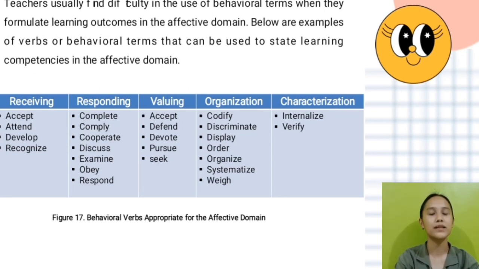Responding: complete, comply, cooperate, discuss, examine, obey, and respond. Valuing: accept, defend, devote, pursue, and seek. Organization: codify, discriminate, display, order, organize, systematize, and weigh. Characterization: internalize and verify.